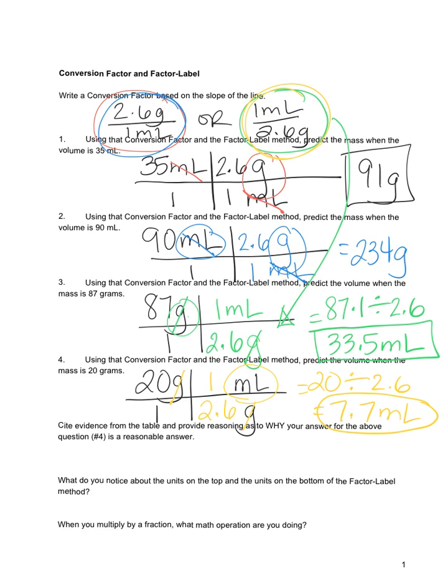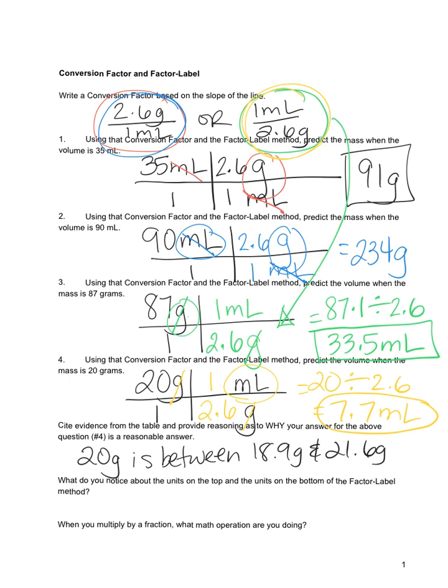If I look back at the table for evidence, I'm going to find that 20 grams is between 18.9 grams and 21.6 grams.